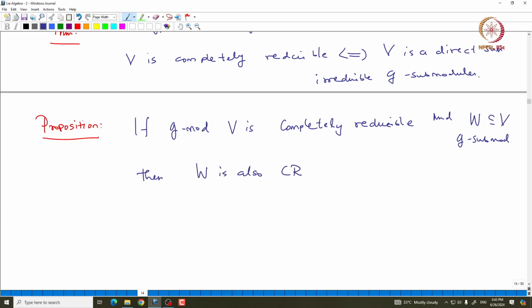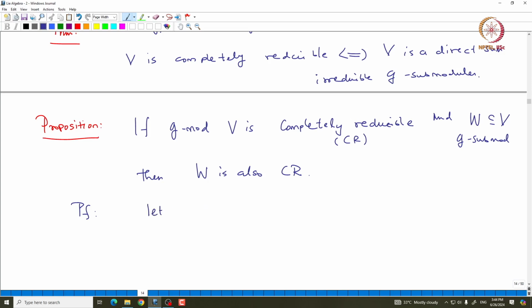Let us call it CR. If V is completely reducible, any submodule of V must be completely reducible. So, what is the proof? The proof is very simple. We start with some submodule of W and see how to get the complement of that inside W. We have to use the fact that it has a complement inside capital V.